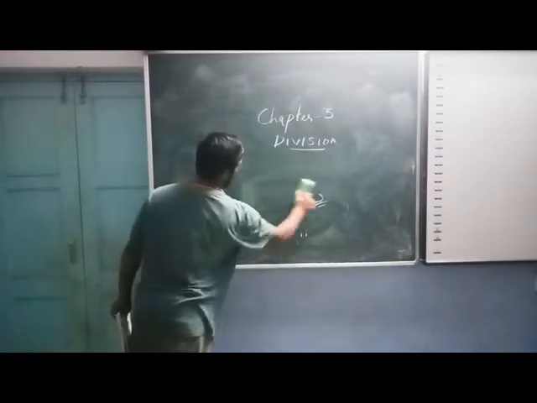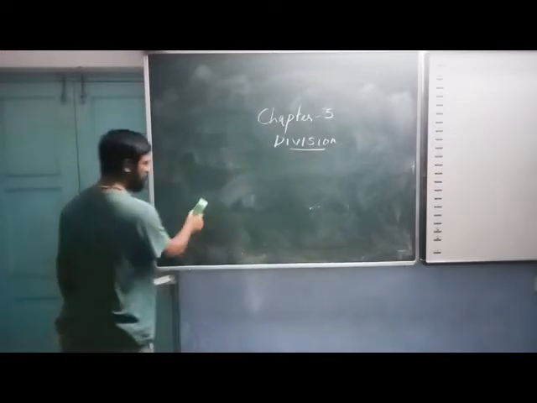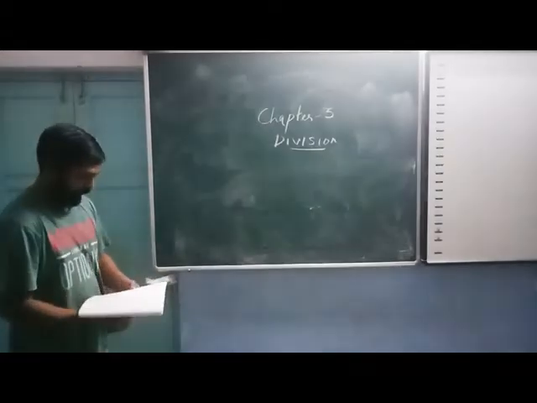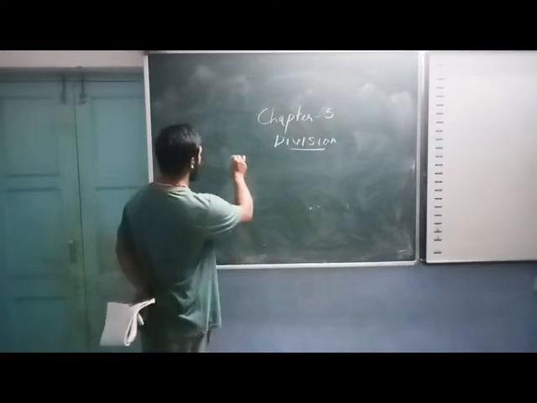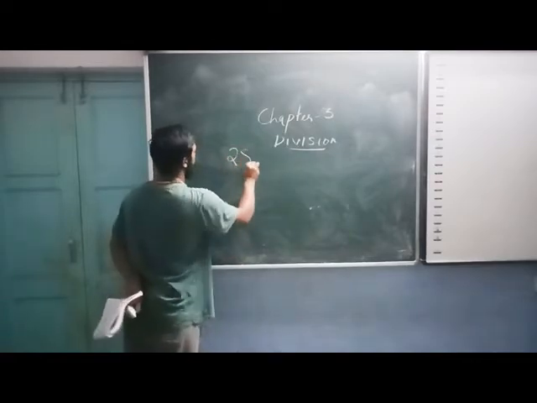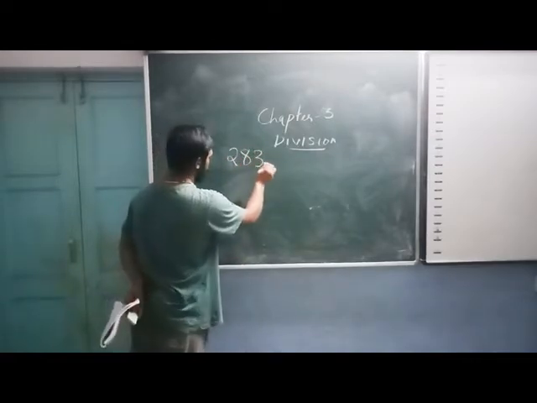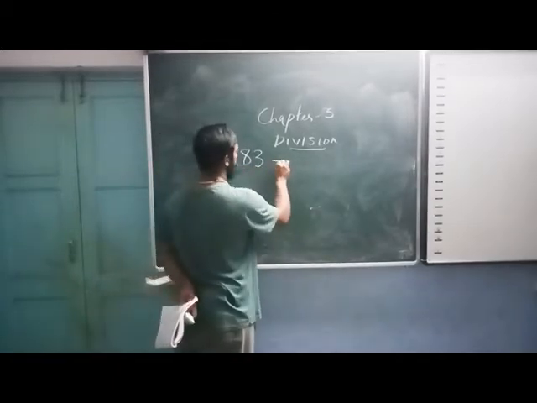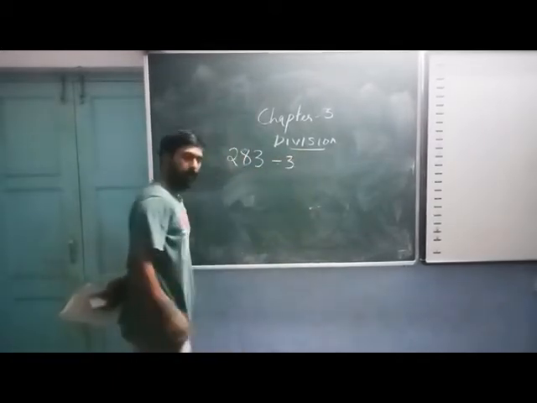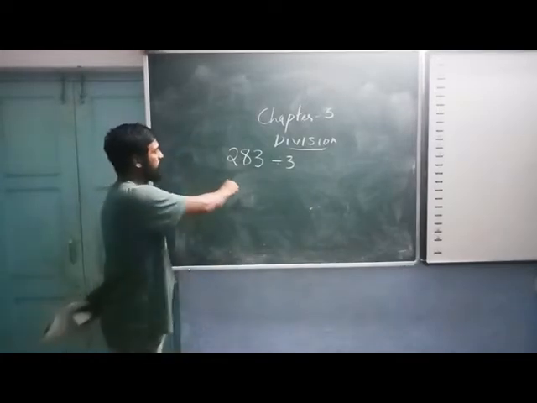So my dear students, now we are getting into the details of the chapter. Let us see how do we divide a 3-digit number with a 2-digit number. So let us take a 3-digit number, now 283 divided by 3. So how do we do it? What are these things called?